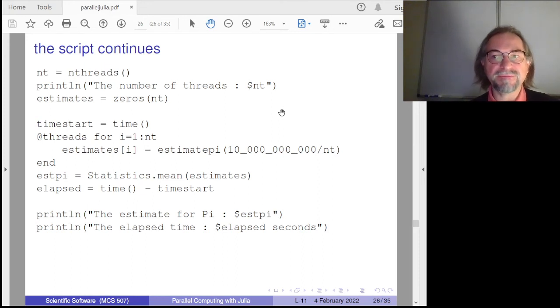So if we have 8 threads, then 10 billion divided by 8 samples will be generated. Thus we may hope for a speedup of 8 if we run this with 8 threads, provided that our processor has sufficiently many cores.